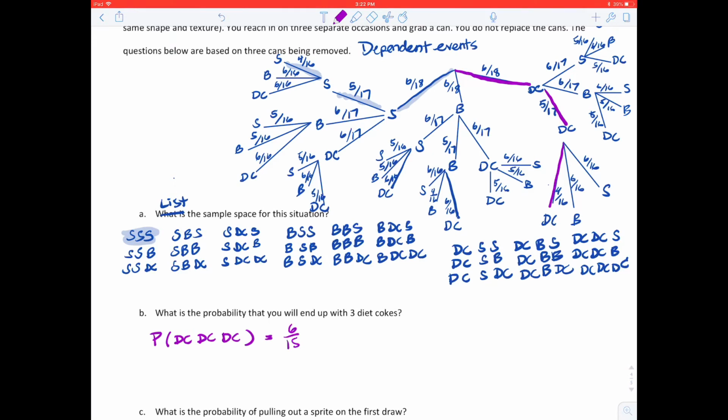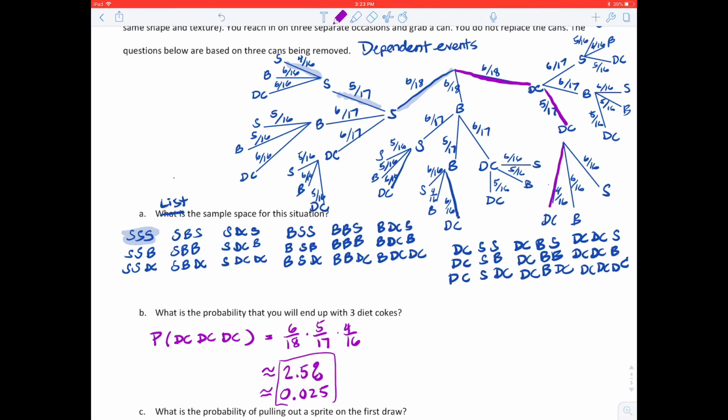So 6/18 times 5/17 times 4/16. So this ends up being approximately 2.5% if we go to percentage, or if you did a decimal, 0.025. Good?